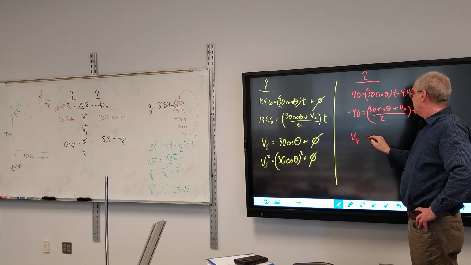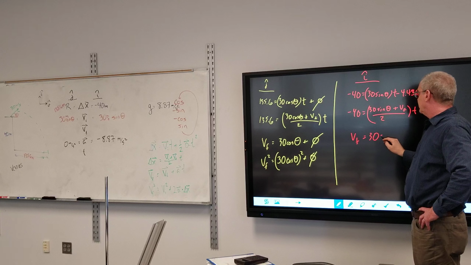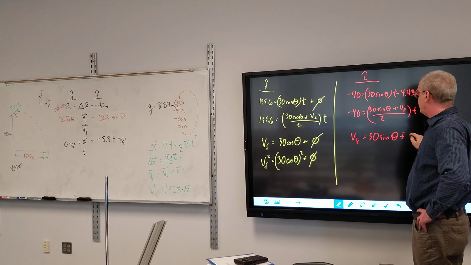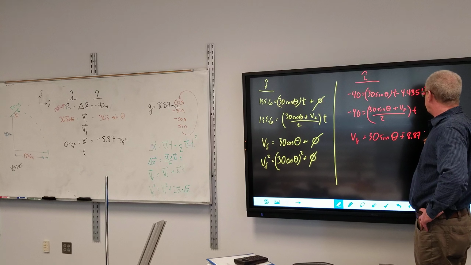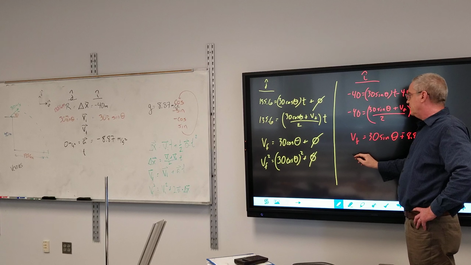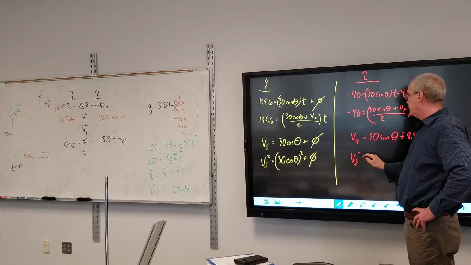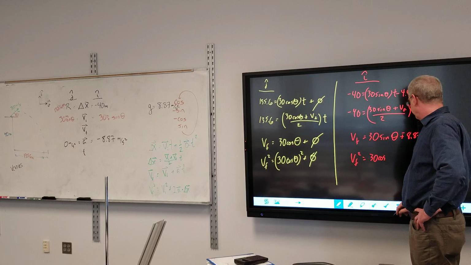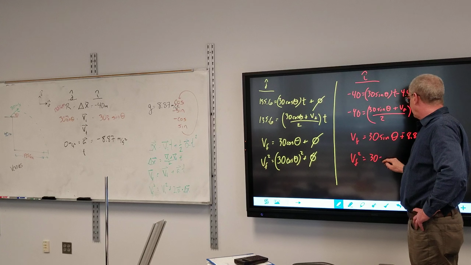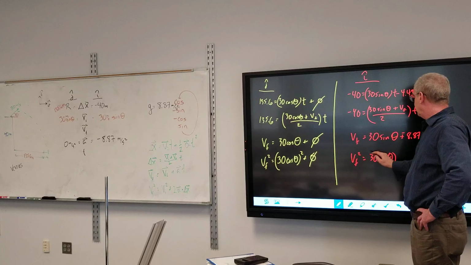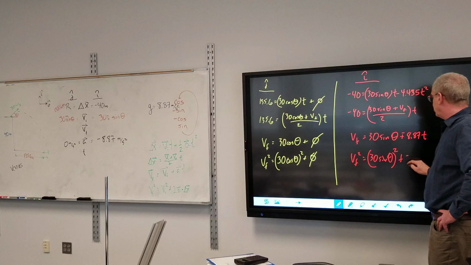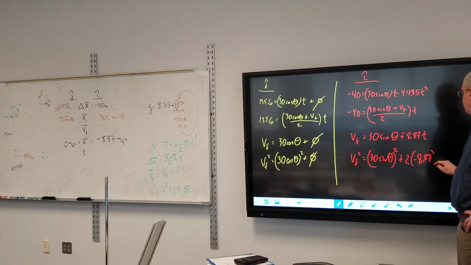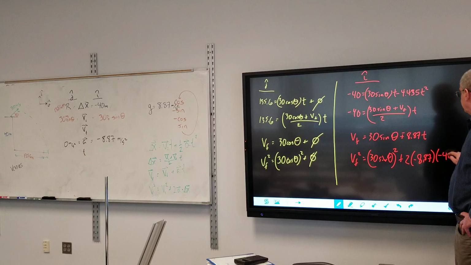V final is equal to 30 sine theta plus negative 8.87 t, and v final squared is equal to 30 sine theta squared plus 2 times negative 8.87 times negative 40.